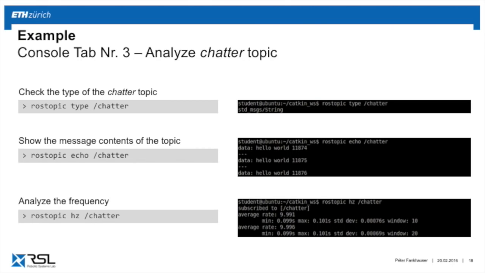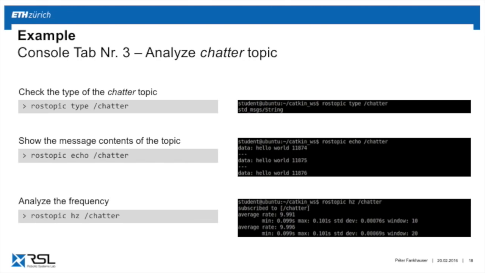You can do this by rostopic type and then the chatter topic, which tells you, okay, this topic is of type std_msgs/String. You can look at the contents now of this topic by typing in rostopic echo /chatter, which then, similar to your console number 2, prints you the contents of this topic into your console.